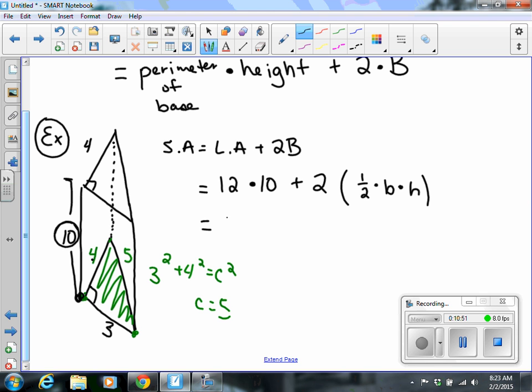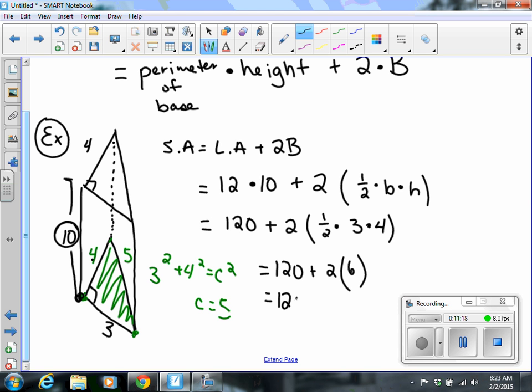12 times 10 gives me 120 plus 2 times 1/2. What's the base of my triangle? That's 3. The height of my triangle is 4. Notice it wouldn't matter if you had those switched around. The answer would still be the same. I'm going to slide this over here a little bit. 120 plus 2 times 6.